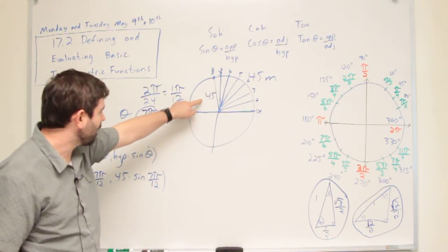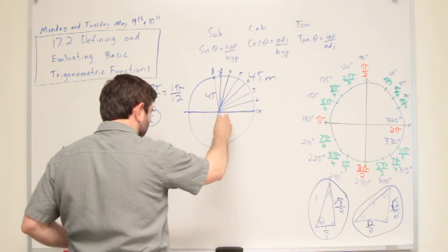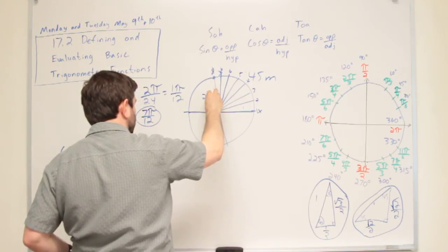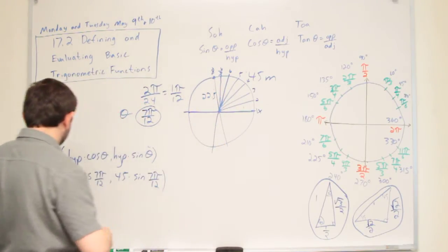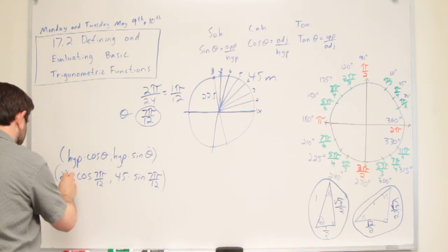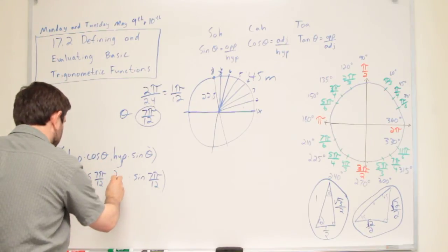The radius is not 45, the diameter is 45. So our radius is 22.5. So we're going to do 22.5. Guess it helps to read the problem, huh?